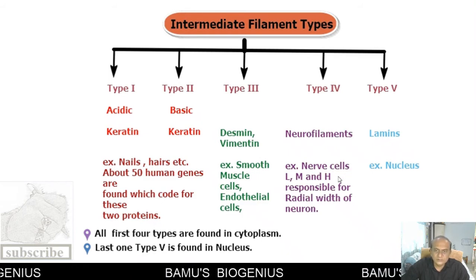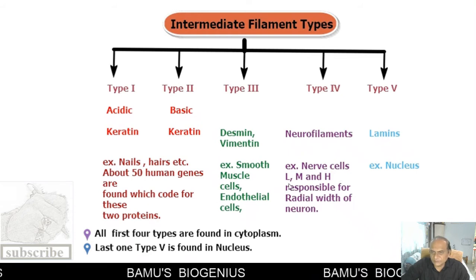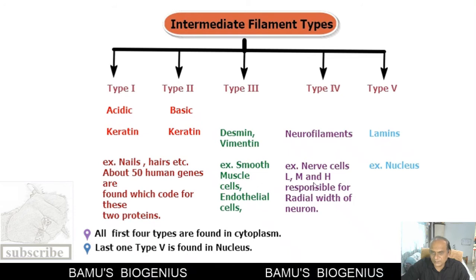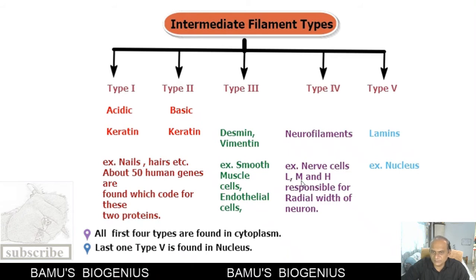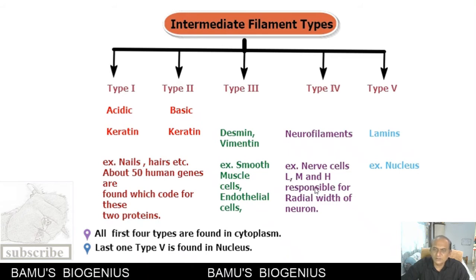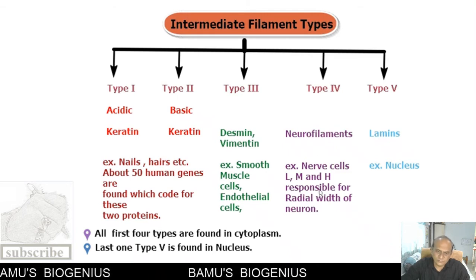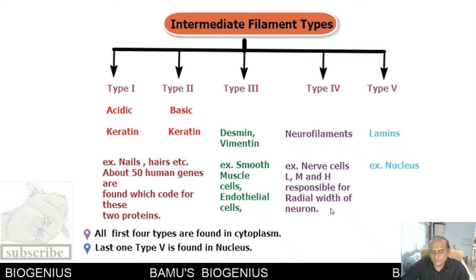Then in the nerve cells, the neurofilament type is there, and it is again divided into L, M and H. So that is a light chain, medium chain and heavy chain of the fibrous protein that is responsible for the formation of intermediate filaments inside the nerve cells.